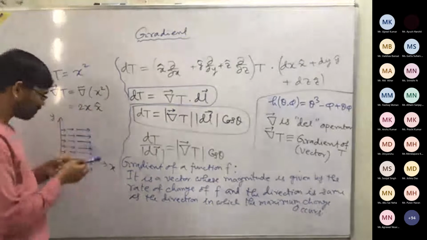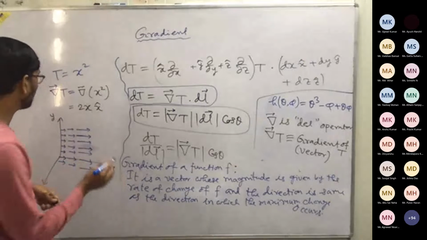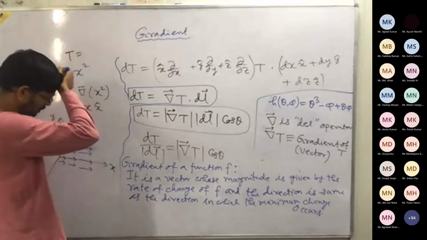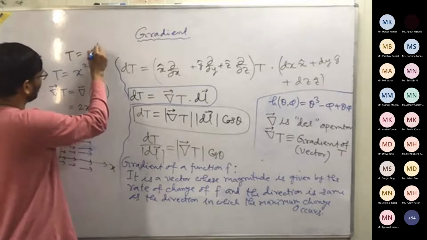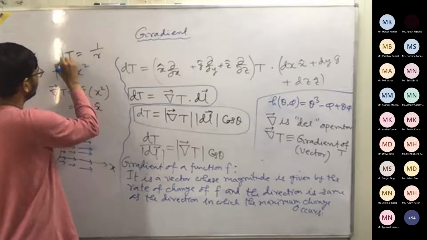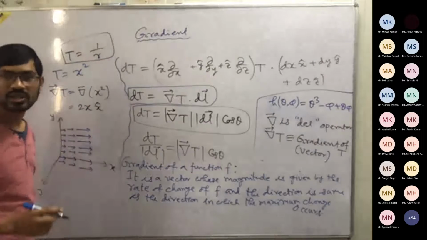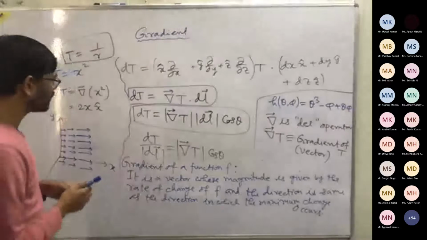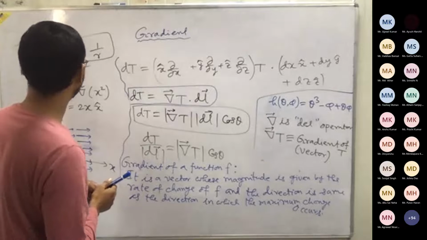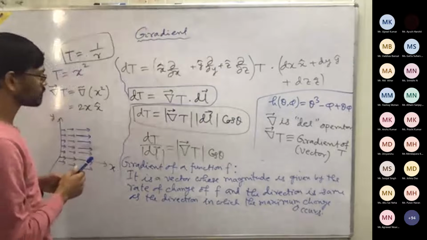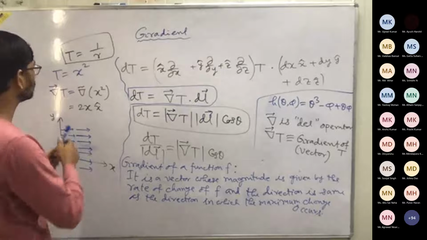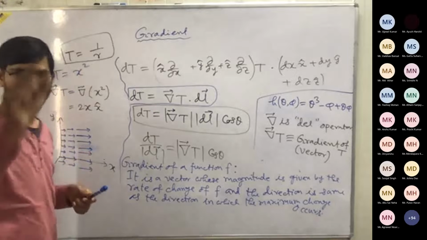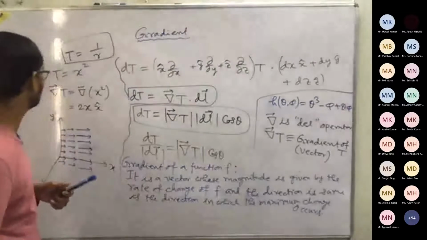So this is one example, and you take this example as well. A quantity T is equal to, let's say, just 1 over r. Can you read this, 1 over r? What is r? r is the magnitude of the r vector, the radius vector, which is the square root of x square plus y square plus z square.